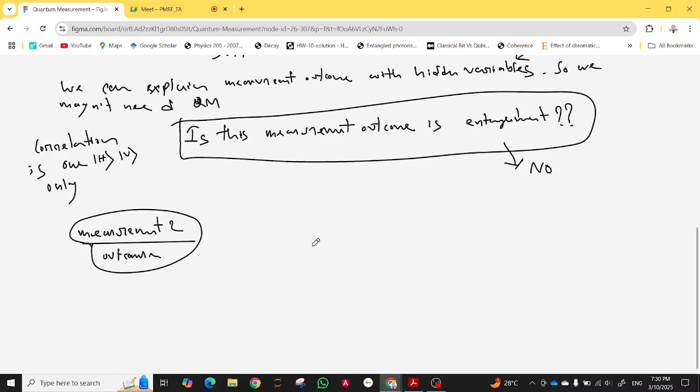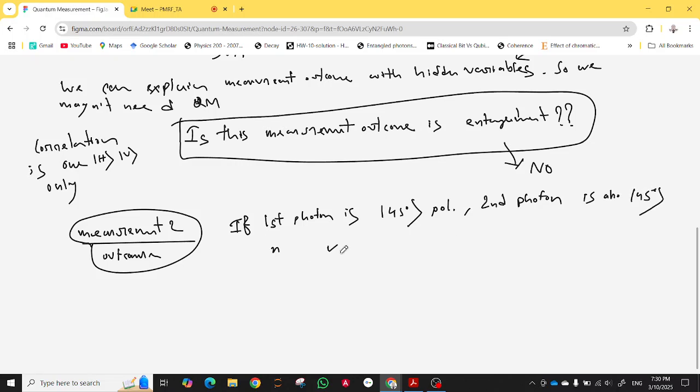So in another measurement, suppose you do another experiment in the same setup and you get the outcome like this. Now your outcome is, if the first photon is plus 45-degree polarized, the second photon is also plus 45-degree polarized.